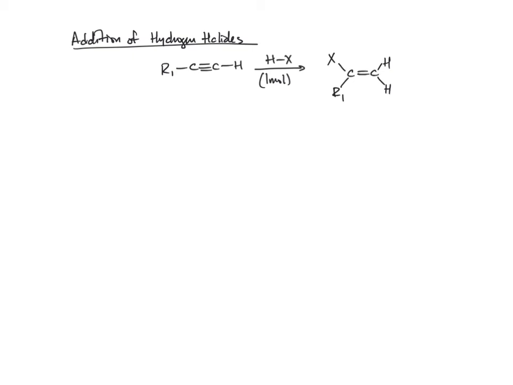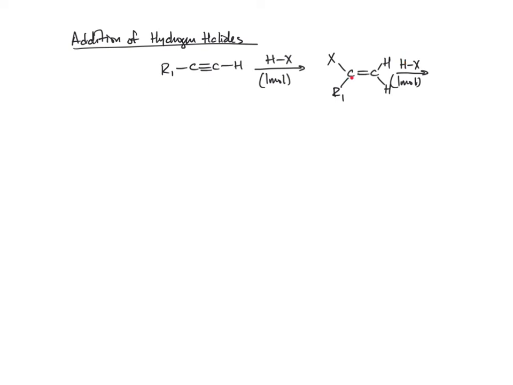So the Markovnikov's rule explains the regiochemistry of this addition. Remember what regiochemistry means. We have the choice of these sp hybridized carbons, and then the choice of which one gets the H, which one gets the X. So this obeys Markovnikov's rule, and if we had another equivalent of HX, that would still further obey. Again, this is the carbon bearing the most hydrogens. It gets the hydrogen.